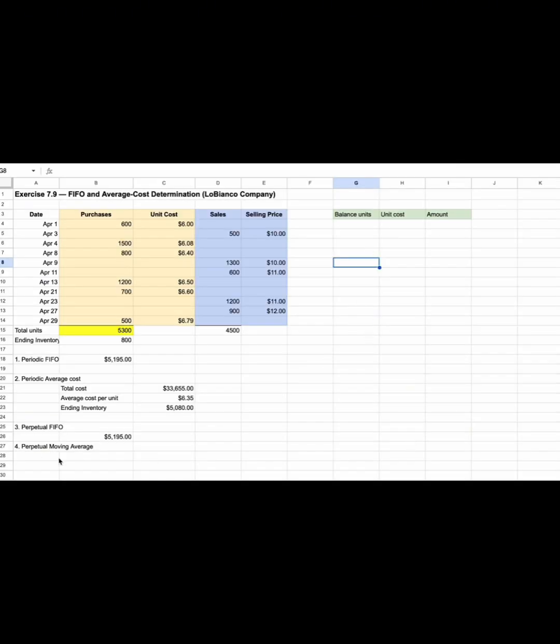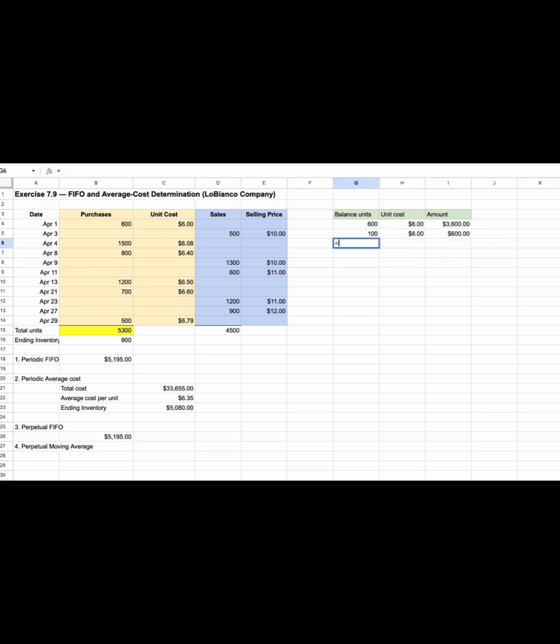Now let's look at the perpetual moving average method. Under this method, the average cost per unit is updated every time we make a purchase. So after each purchase, we recalculate a new average cost by dividing the total cost of goods on hand by the total units on hand. When there is a sale, we use that current average to determine the cost of goods sold.